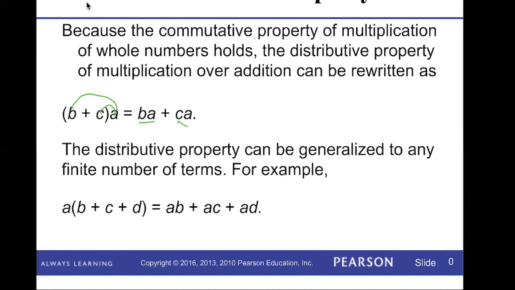The reason I say there may be two commutative properties is if I see A times B, I would tend to write it this way, and then A times C like that. Doesn't matter though. And here it is, just demonstrates it can be done with any number of terms.